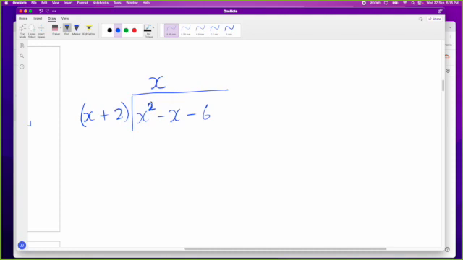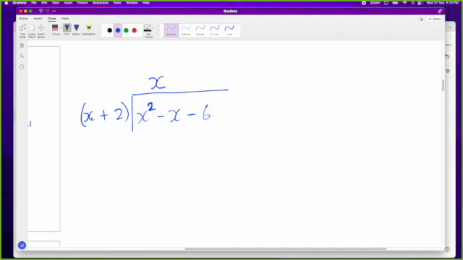If this was a cube, then I would be multiplying by x squared in order to get the cube. So we look at the first term first, which is usually the highest power, because remember, with polynomials, we usually write them in descending powers.